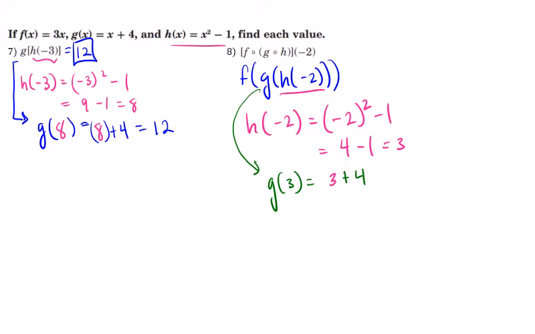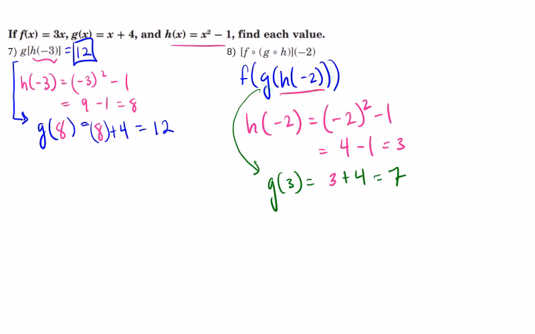And 3 plus 4 turns out to be 7. I don't know if you knew that. So then now I'm going to put 7 in for all of this, right? Because 7 is what g of h of -2 is.